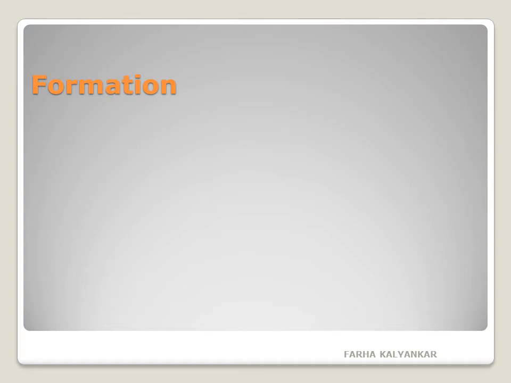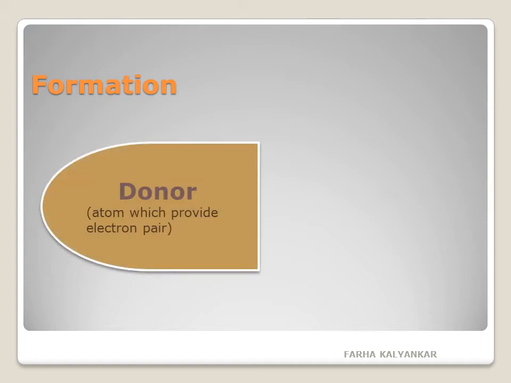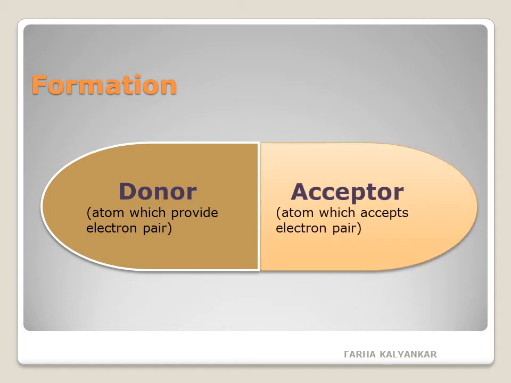Its formation involves a donor atom which provides electron pair and an acceptor atom which accepts electron pair. Coordinate bond is represented by an arrow which always points towards the acceptor atom.